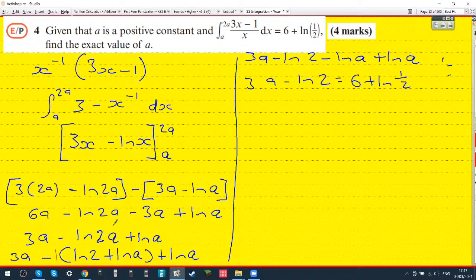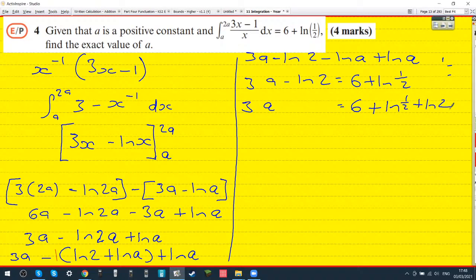Solve. So 3a equals 6 plus ln a half plus ln 2. I don't like that. So ln a half plus ln 2? Yeah.